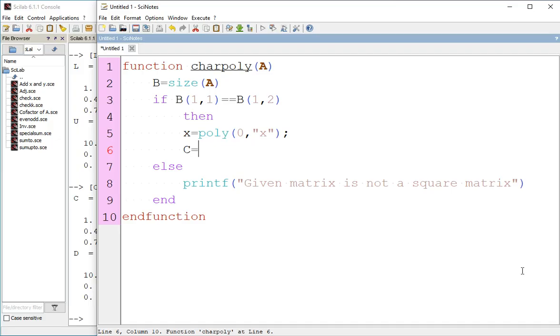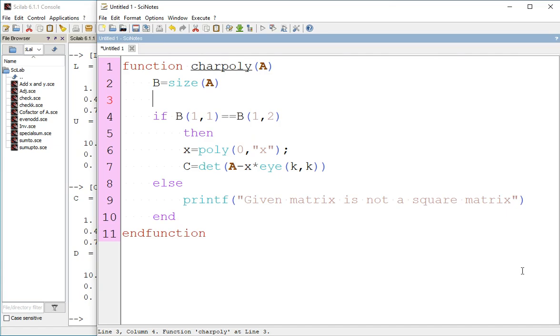Okay, so here C being the determinant of A minus x times the identity matrix of order k by k, but k is not stored. So first of all I have to store that. K being B(1,1).